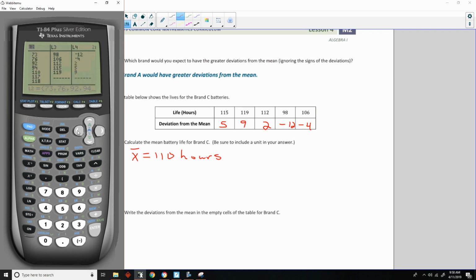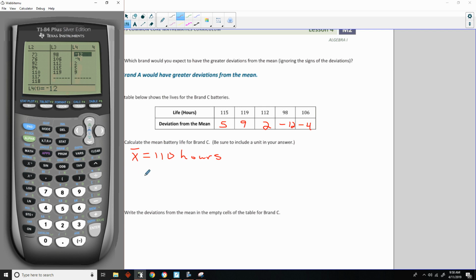Okay, that's fine. L4 minus, or L3 minus 110. That's what I was trying to get to right here. Once you enter it, it tells you a set of numbers, being these here. Okay, so it doesn't show the formula once you're done.